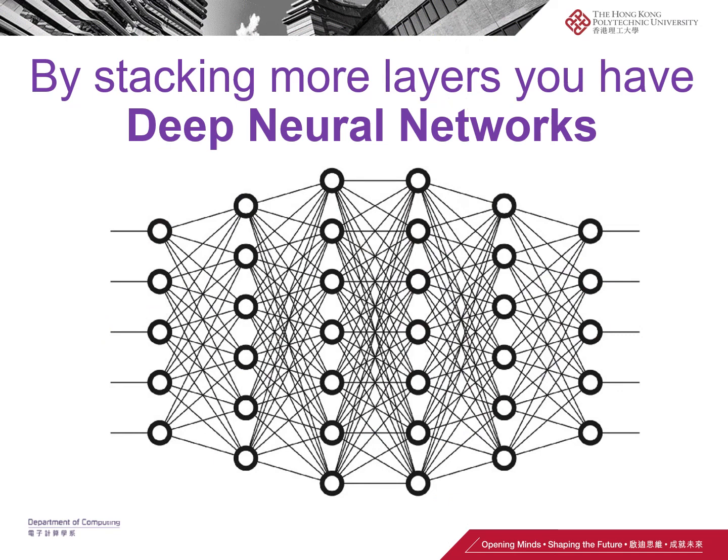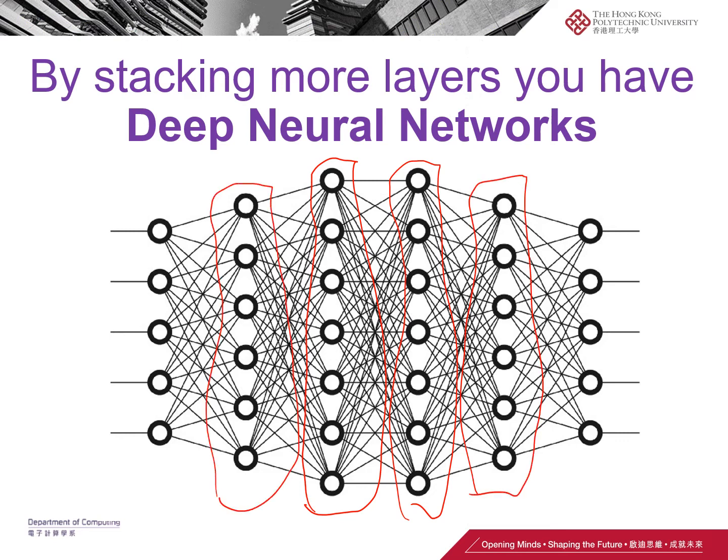Now we know how neural networks work, how we can use gradient descent to update the parameters, and how we can use the forward calculation between the nodes and edges to make the prediction. With that in mind, deep neural networks are nothing new. It's just an extension of neural networks by stacking more nodes or more layers, and it helps you create a much more complex function for prediction.